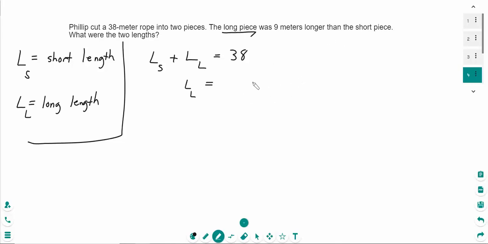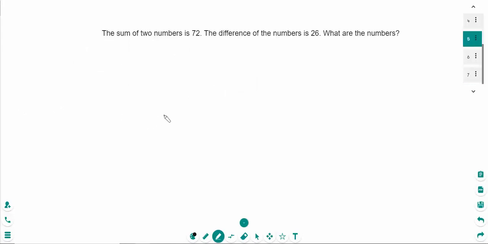In addition, it was 9 meters more than the short piece. So it's going to be the length of the short piece plus 9. Okay? And there we go. That is our system of equations right there. That's, again, a nice one set up for substitution in this case. Okay, very good. Moving on.